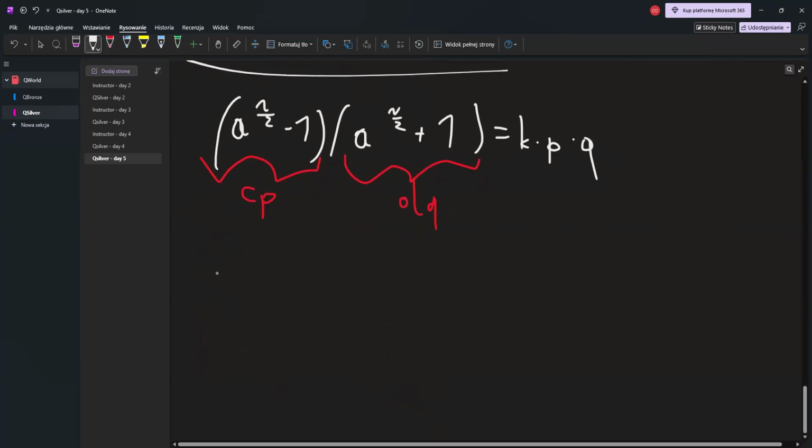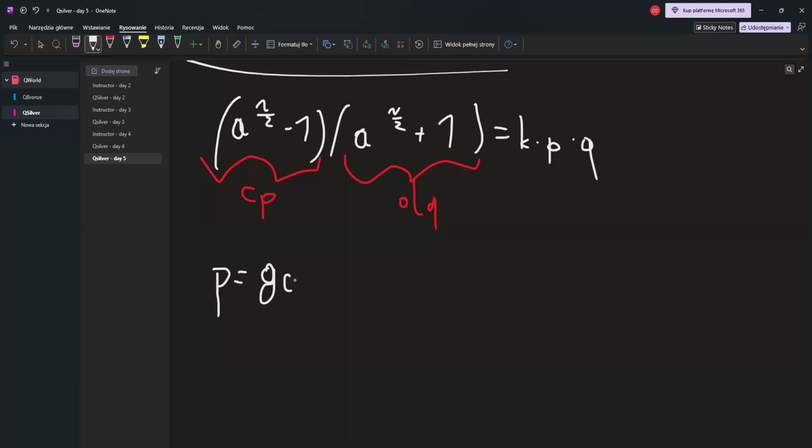Therefore, we can obtain this factor by calculating the greatest common divisor. Yes, so GCD of a to the power of r divided by 2 minus 1, and of course n.